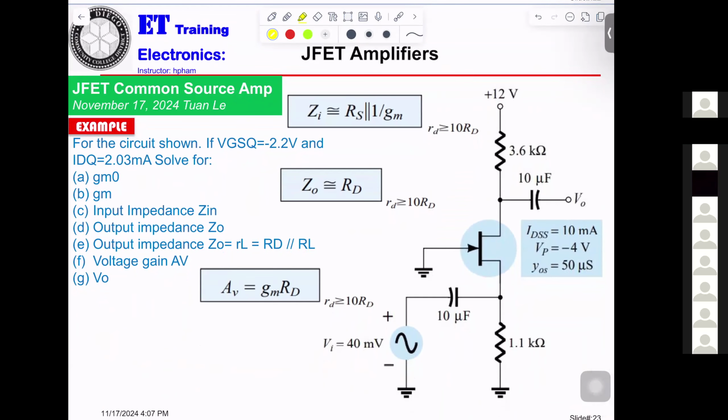Okay. So you're looking at that one. Input applied, let's say, that is gate, that is source, and that is the drain.